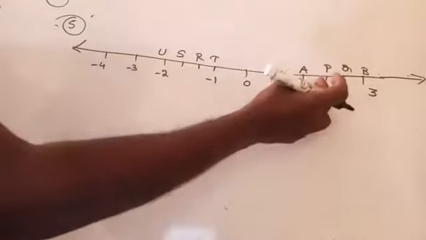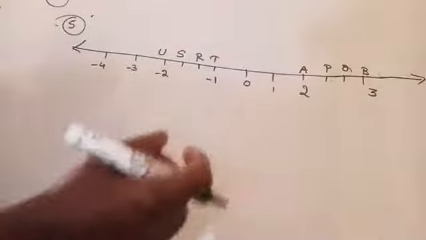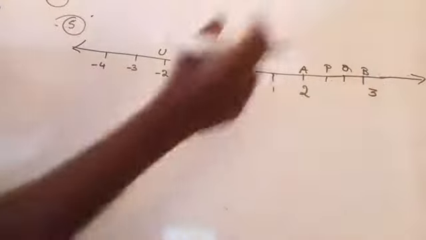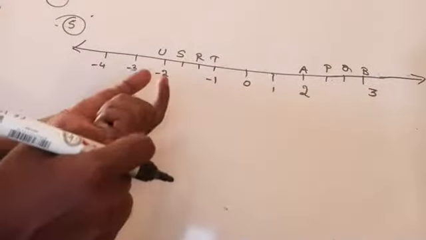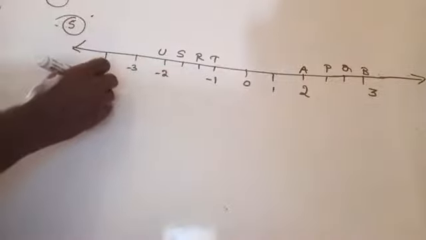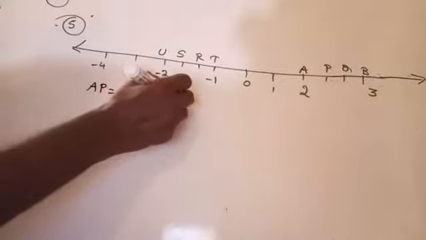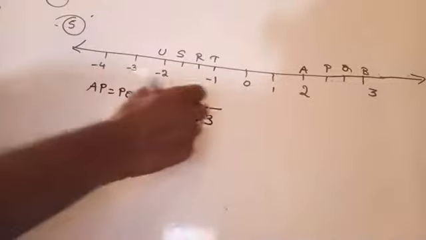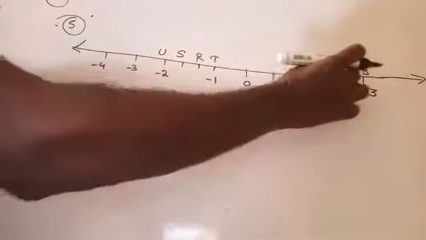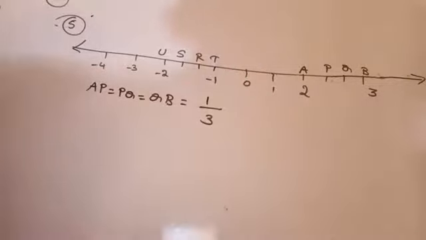It's clearly given that AP equals PQ equals QB, so this one unit is divided into 3 equal parts. Are you getting it here?